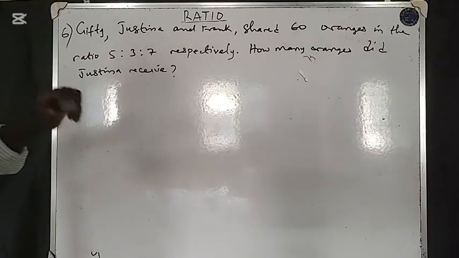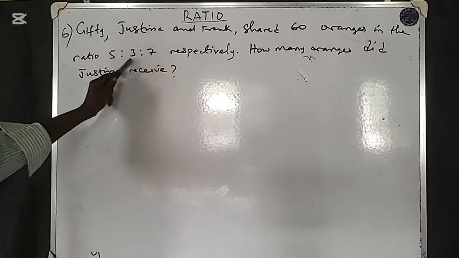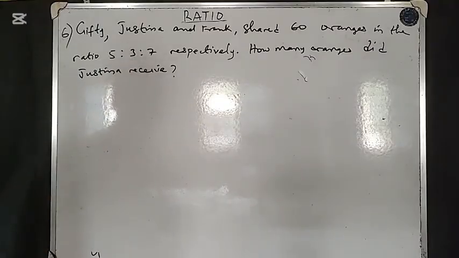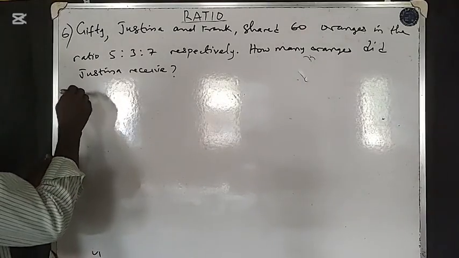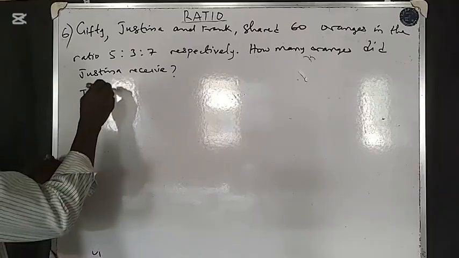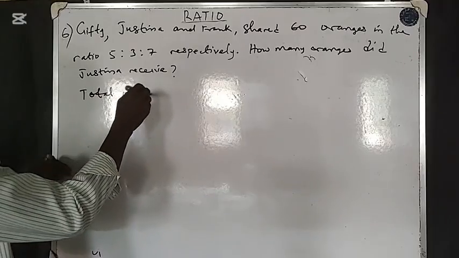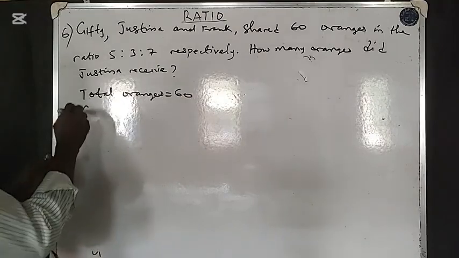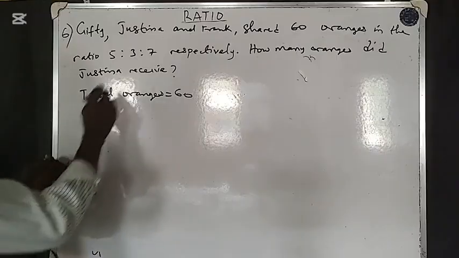Gifty, Justina, and Frank share 60 oranges in the ratio 5, 3, and 7, respectively. How many oranges did Justina receive? First of all, total of what is being shared, total oranges, equals 60, right? Gifty has ratio 5 because they say respectively.